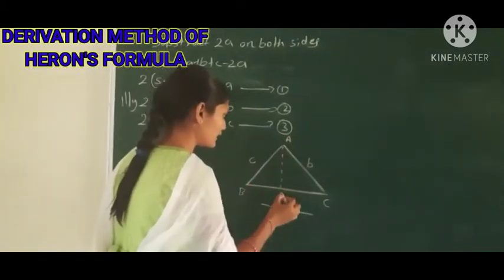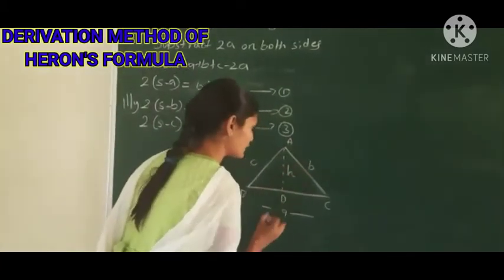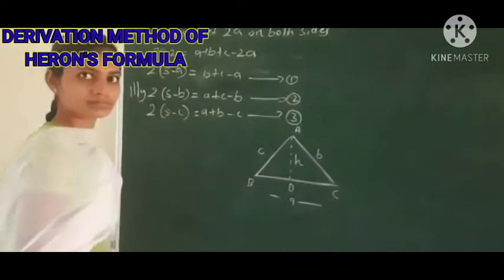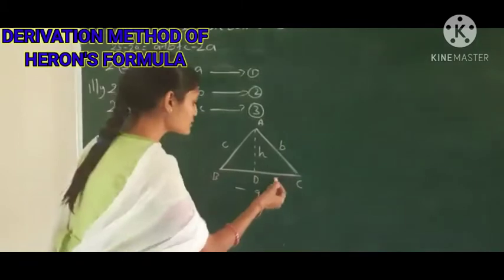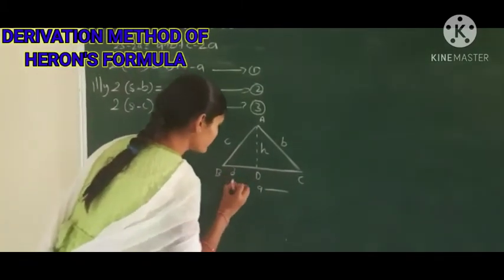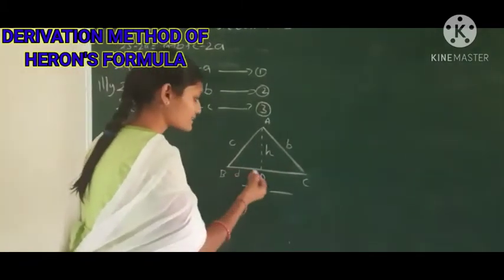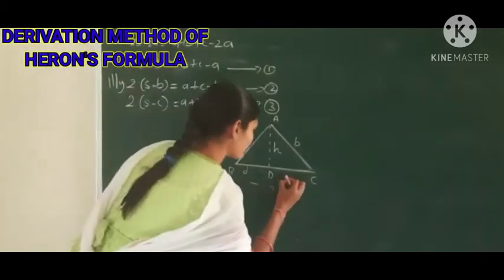Here AD is the height, denoted by h. We don't know the length of BD and DC, so let BD be equal to d, and a minus d gives the length of DC.